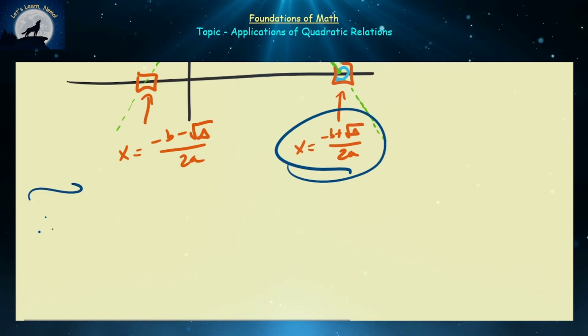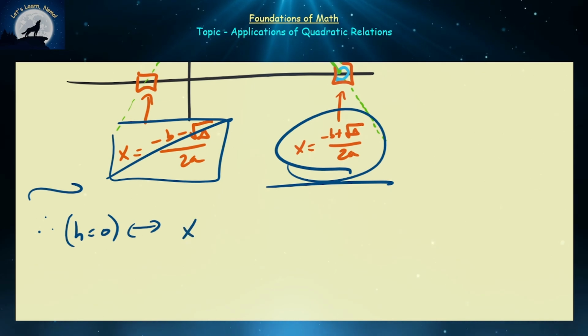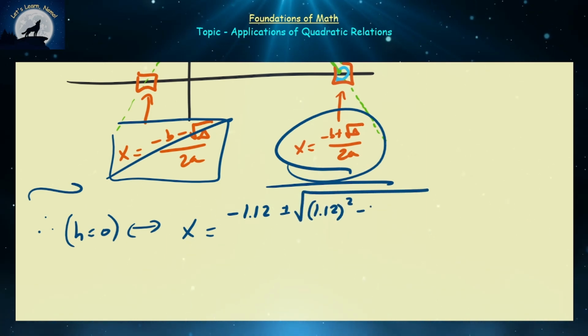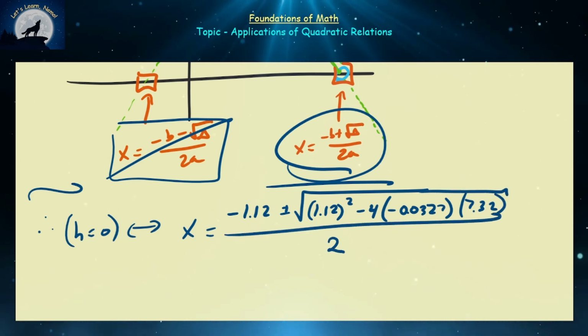So therefore this value is not going to be of interest to us. Therefore that one's the only one that we really care about. So h is going to be equal to 0 when x is equal to negative b, so negative 1.12 plus or minus the square root of 1.12 squared minus 4 times negative 0.0327 times 7.32, all under the square root, all divided by 2 times the leading coefficient, negative 0.0327.